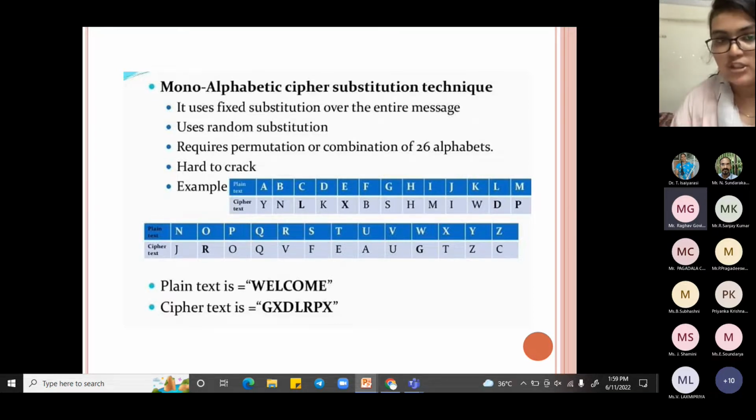It uses random substitution, requires permutation combination of 26 alphabets, and is very hard to crack. Here is an example, somewhat different from what we saw before. The plain text is welcome, and the ciphertext is GXDLRPX. The letters are randomly substituted, and we made a ciphertext.